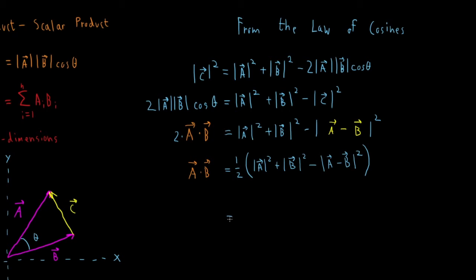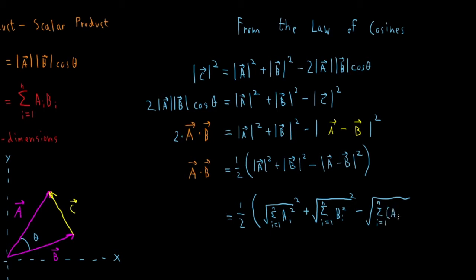So we have 1/2 times the square root of the sum of the components of A squared, plus the square root of the sum of the components of B squared, minus the square root of the sum of the differences of the corresponding components between A and B, squared.